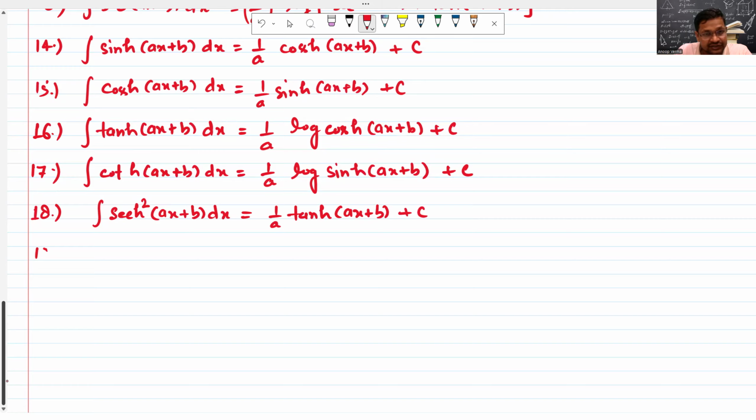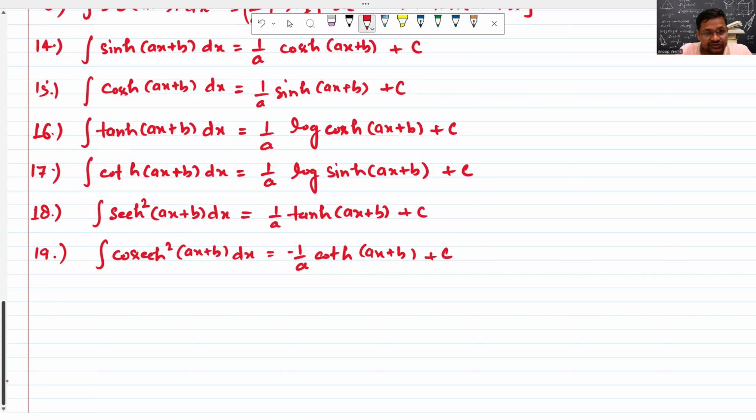And the 19th is the integration of cosech square(ax + b) dx, which is equal to negative 1 upon a coth(ax + b).